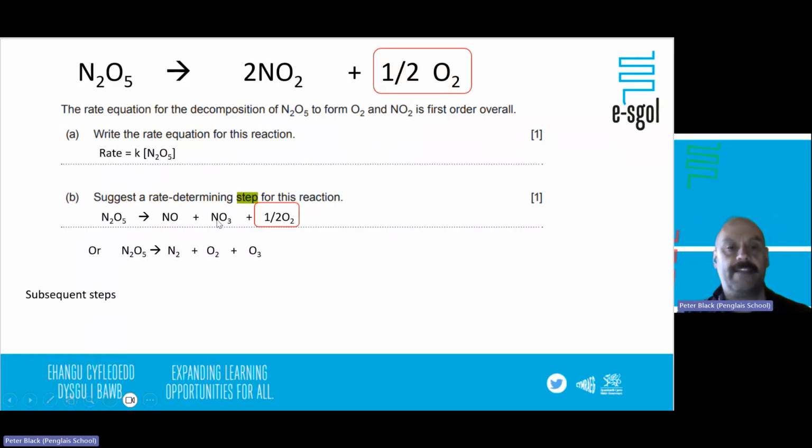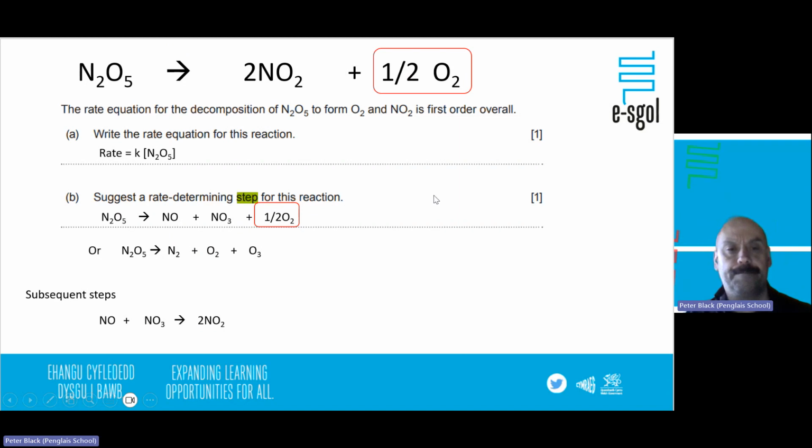They definitely can't be products, so these are going to have to be intermediates. So in my subsequent step I'm going to write those as 2 intermediates, and use them to form the other product. So writing mechanisms from rate equations is not the easiest task. I always tell my students it's the last question you do, but they are quite fun once you get your head around them.